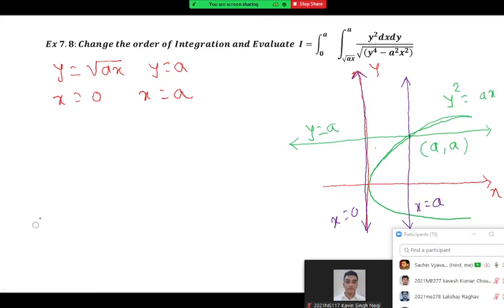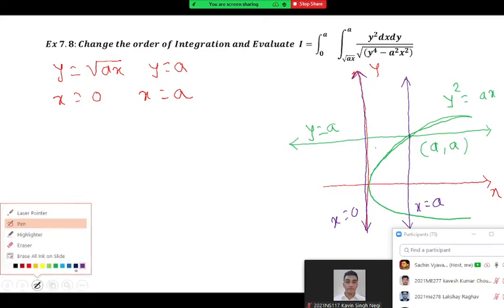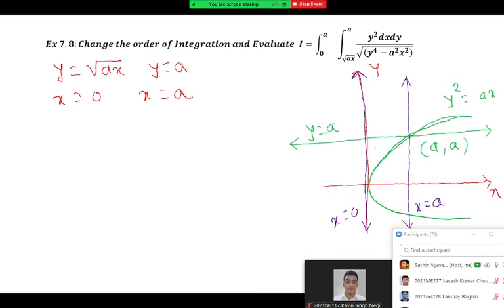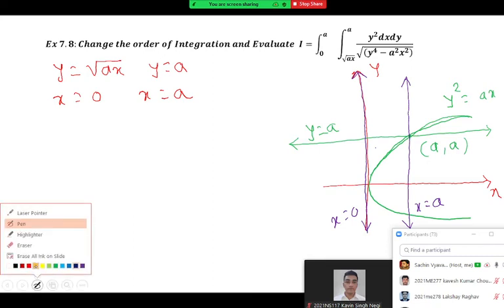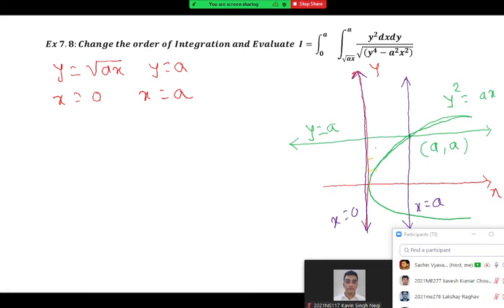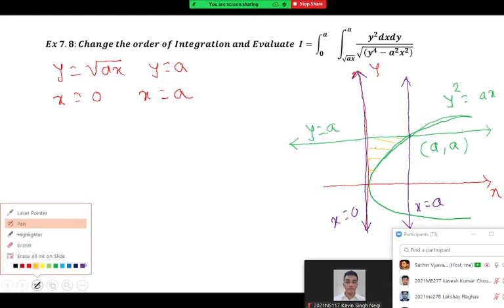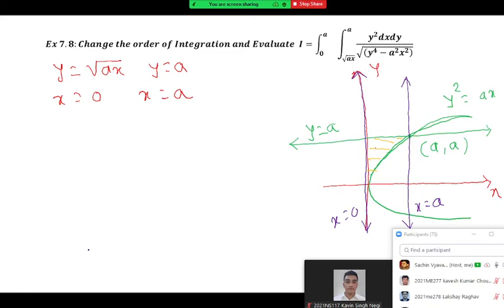We have to change the order. So the new position of the strip should be horizontal only. Before that, I will shade the region. What about the lower limit now? 0 is the correct answer.